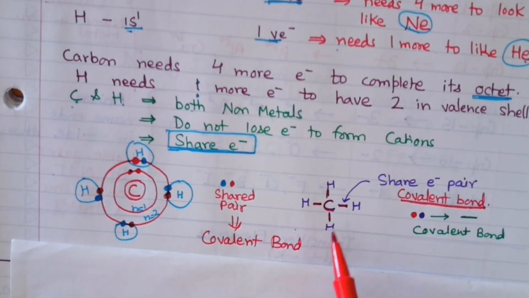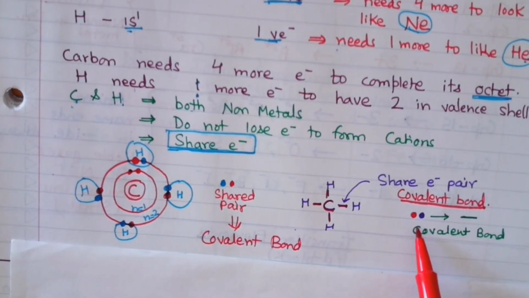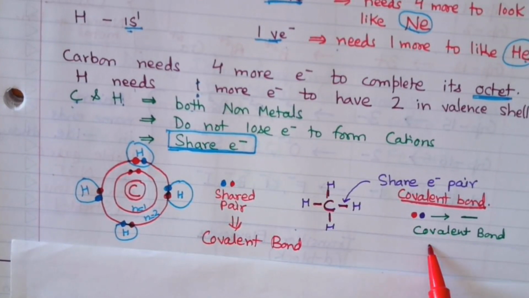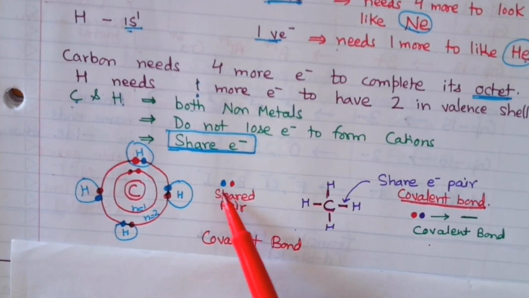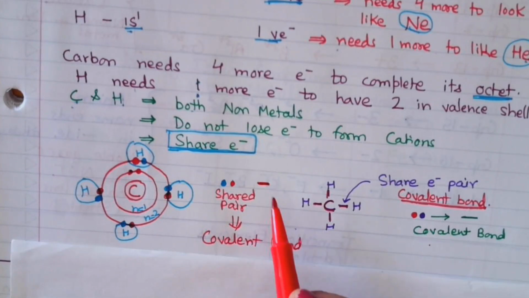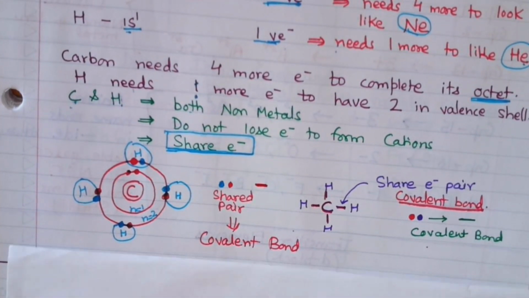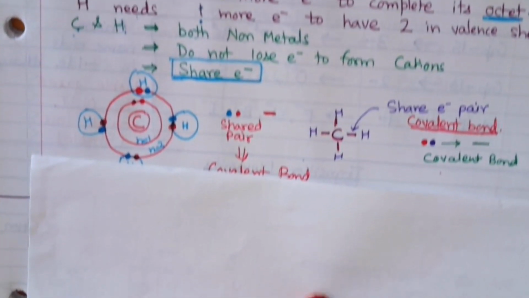So in other words, we can say carbon makes 4 single covalent bonds with hydrogen, which is always a shared pair of electrons. This shared pair is written like a dash. Okay? So a covalent bond is formed by sharing of electrons always.